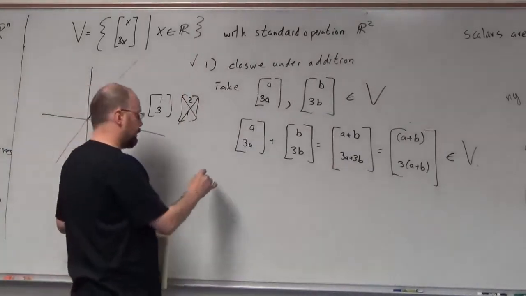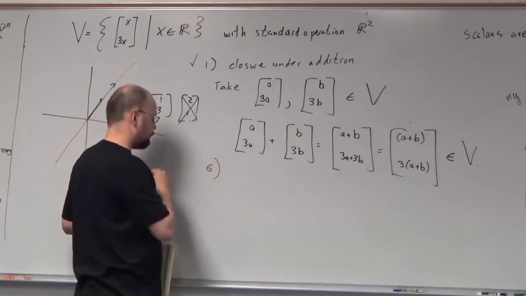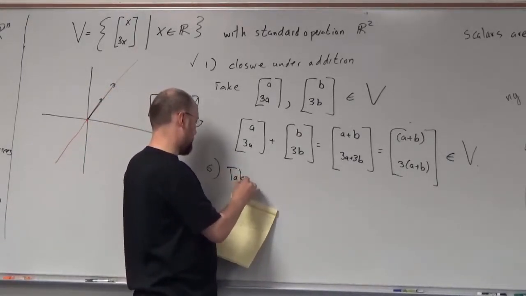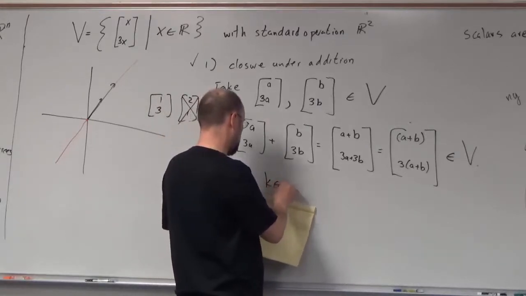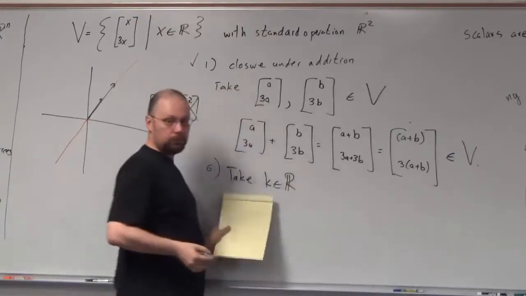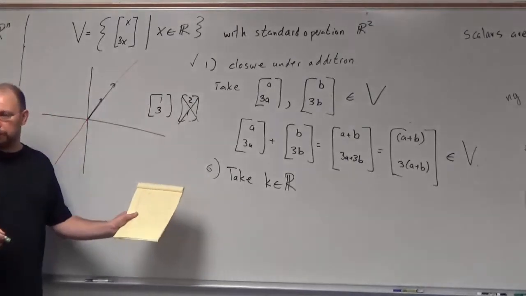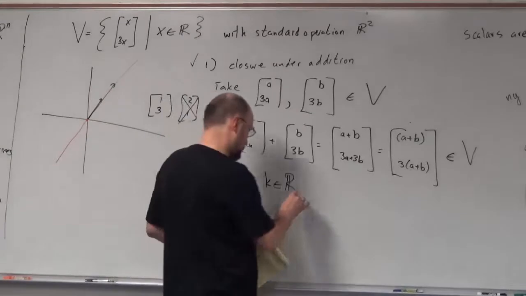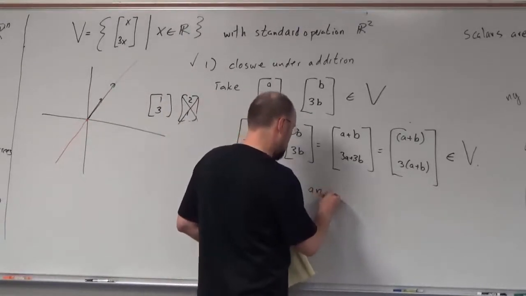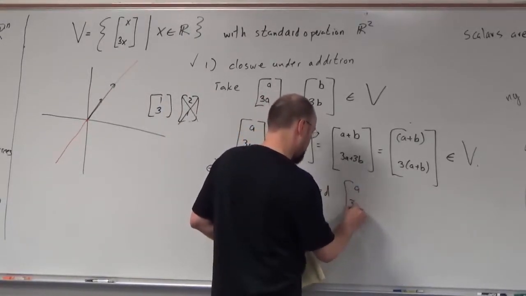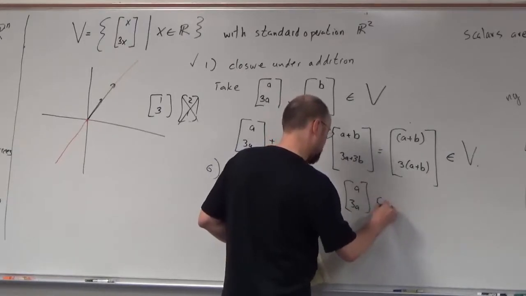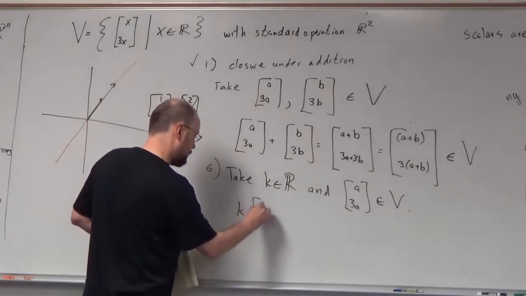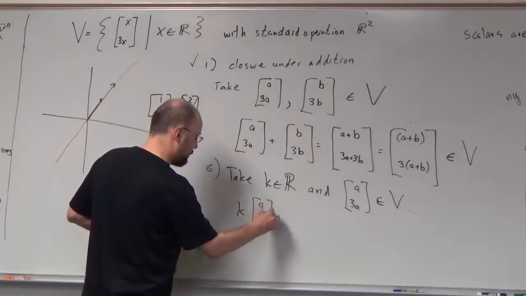Is this closed under scaling? To show that it is, you would take a scalar, a real number in our case. And these could be positive numbers, negative numbers, or zero. It's always important to keep in mind those three cases. And then we're going to scale this vector using the standard operation of scaling.